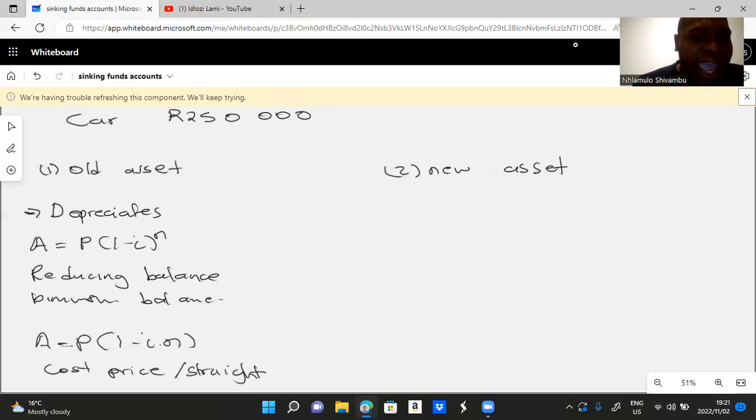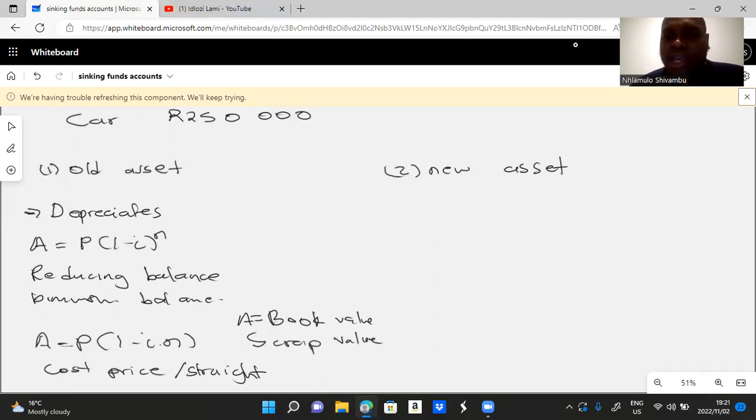And then the A formula will give us the book value after depreciation, right? That is sometimes called the scrap value. So I'm going to emphasize that A gives us the book value, or what they call the scrap value. So this is the value of the asset after it has lost value.